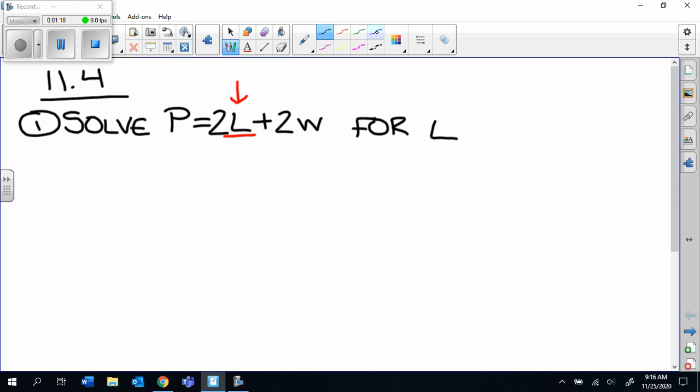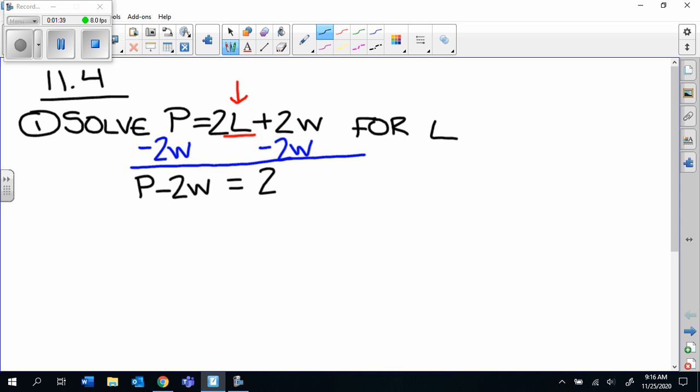So the first thing I notice is that this 2W needs to get to the other side of the equal sign. So I'm going to subtract that 2W. And P and 2W are not like terms, so I'm going to keep those separated. Order doesn't really matter.